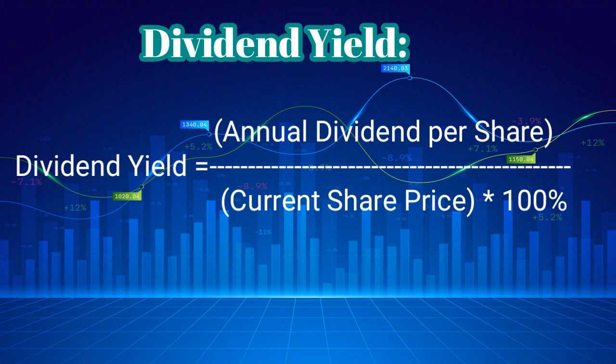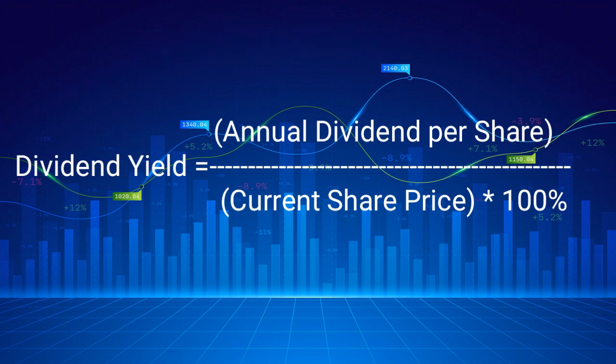Calculating dividend yield. The formula for calculating dividend yield is straightforward. Dividend yield is equal to annual dividend per share divided by current share price, multiplied by 100%. For example, if a company pays an annual dividend of $1 per share and its current share price is $50, the dividend yield would be $1 divided by $50, multiplied by 100%, equals 2%.